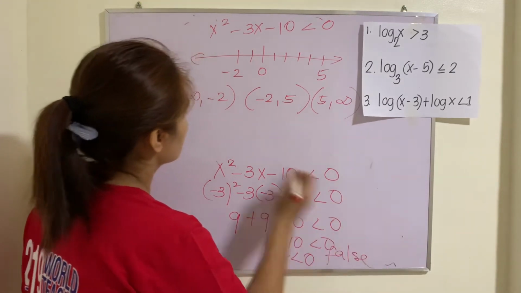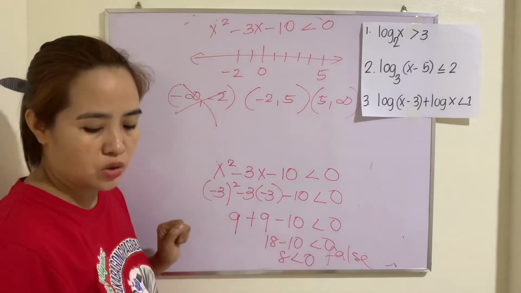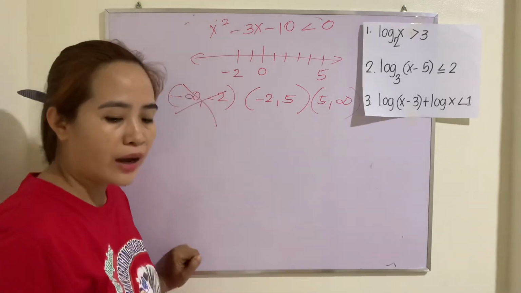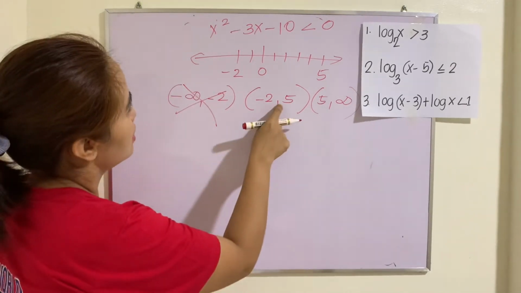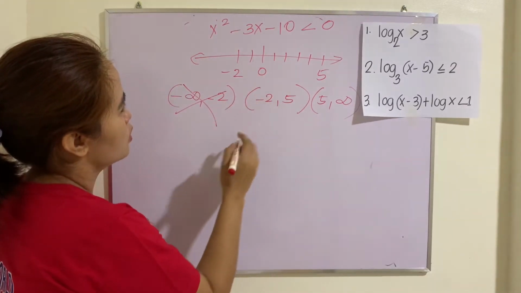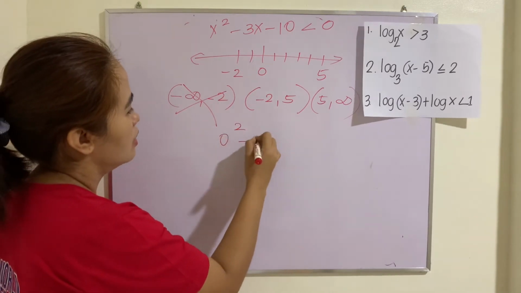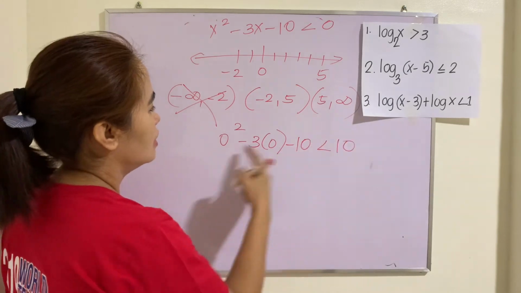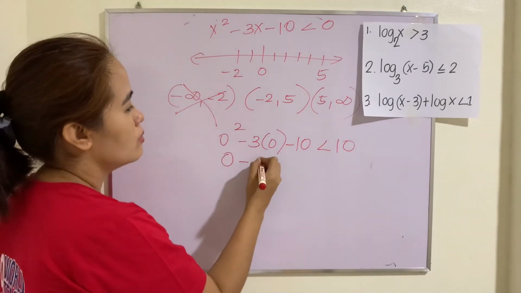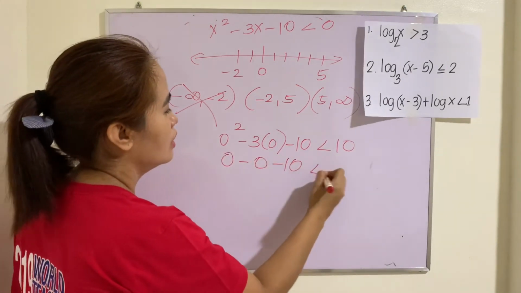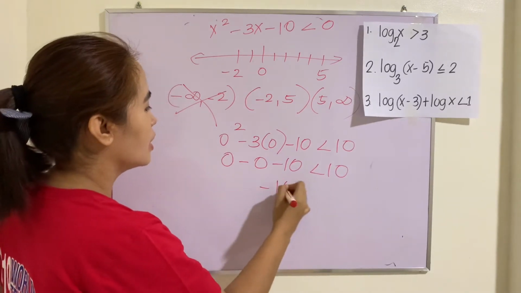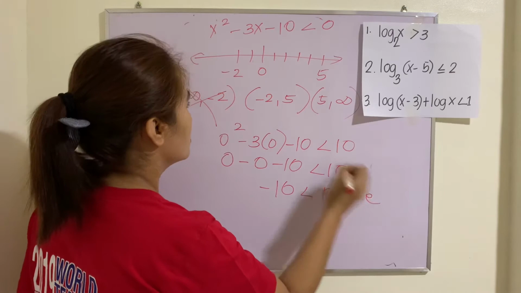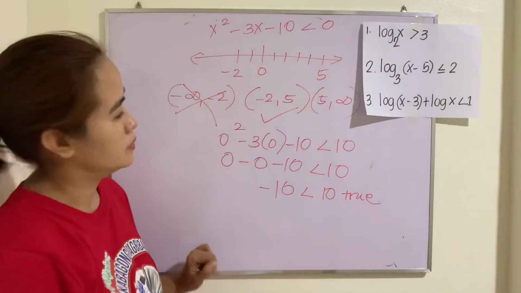So meaning this is not a possible solution. Next, what about negative 2 to 5? Let's get 0 since 0 is in between negative 2 and 5. So that is 0 squared minus 3 times 0 minus 10 less than 0. That will be 0 minus 0 minus 10 less than 0. Negative 10 is less than 0. So this one is true. So this one is a possible solution.